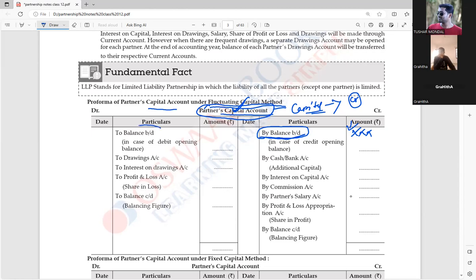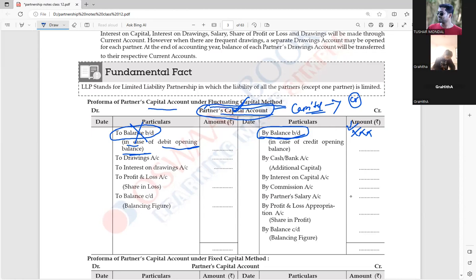Sometimes what happens is the partner is supposed to give that amount but has not paid yet. At that time the balance brought down should be on the debit side. But we are not seeing these things; we will see that when the question comes. See, it is given in case of debit opening balance. So the partners have not actually given the capital to the company or to the firm, and already have a liability to pay some capital to the firm.